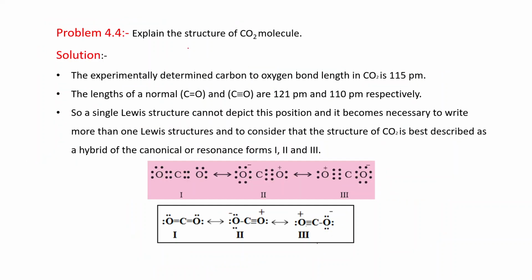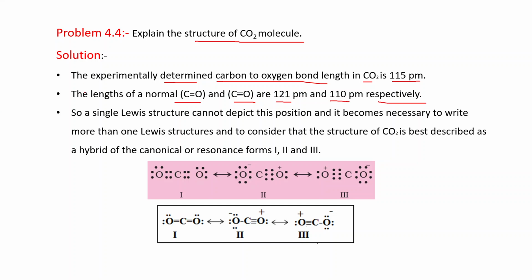Now let us see one more example. Structure of the CO2 molecule. The experimentally determined carbon to oxygen bond length in CO2 is 115 picometer. The lengths of a normal carbon-oxygen double bond and carbon-oxygen triple bond are 121 picometer and 110 picometer respectively.